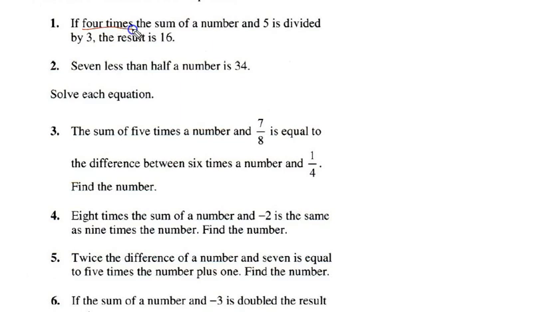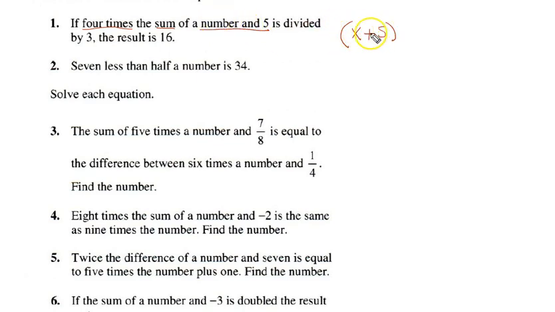4 times the sum of a number and 5. So I think what we want to do is put this sum of a number, we don't know what it is, so we can use x, and 5. By putting this in parentheses, this makes this a sum.